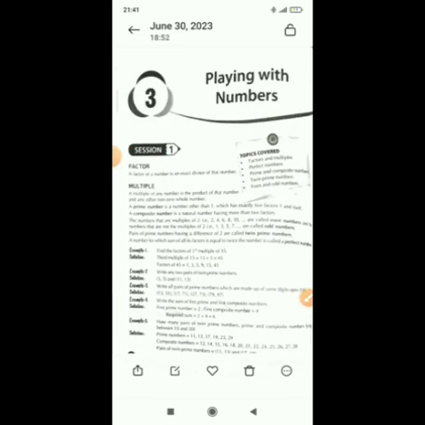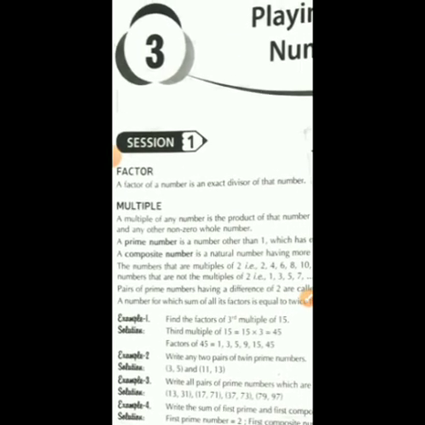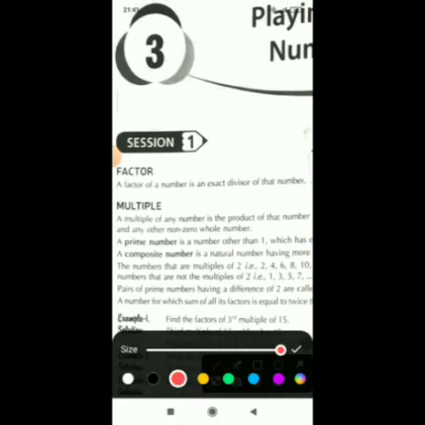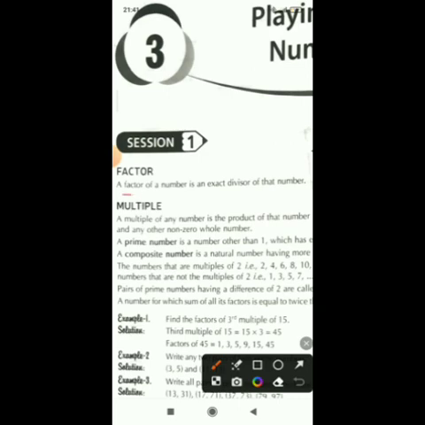Next. Fill in the blanks. Every factor of a number is an dash of a number. It is an exact divisor of the number. If you remember the definition, which I'll show you here, factor. A factor of a number is an exact divisor of the number. I'll underline it here. So, what is written here?